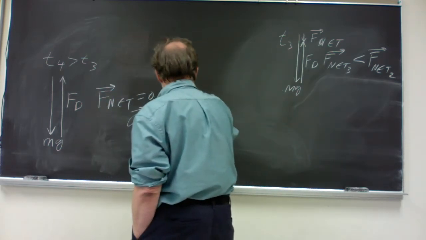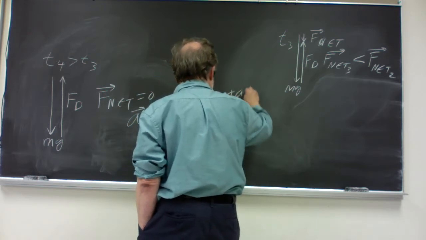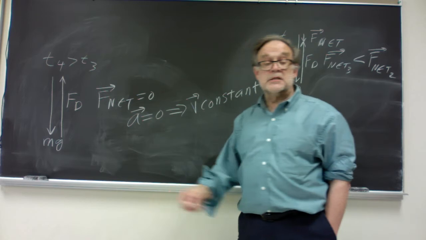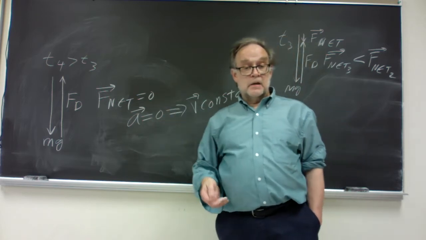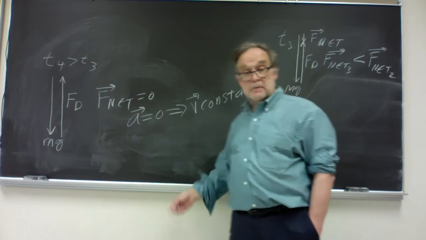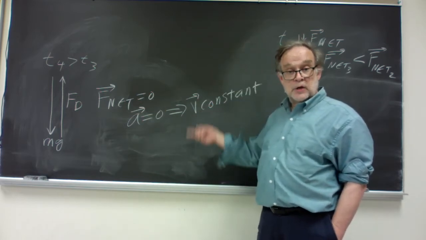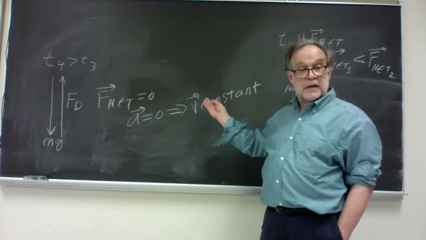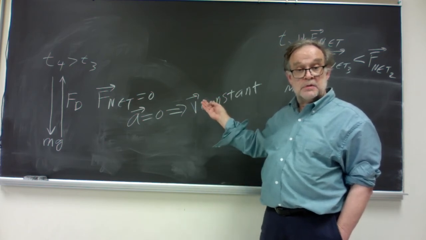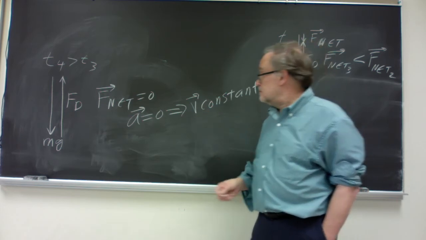0 acceleration means a constant velocity. Previous to this moment, the falling thing had been speeding up. Now it stops speeding up and maintains that same speed the rest of the way down. And we call that constant speed that it has sped up to the terminal velocity.